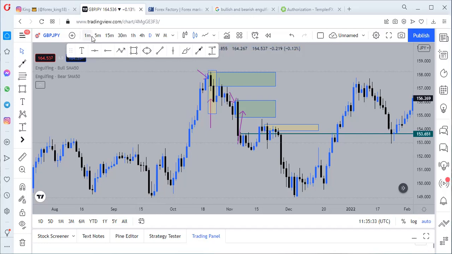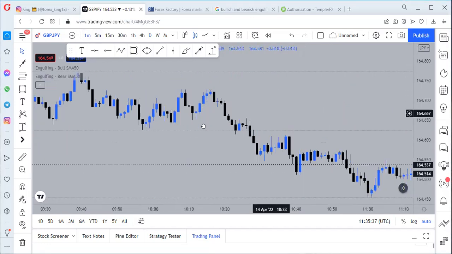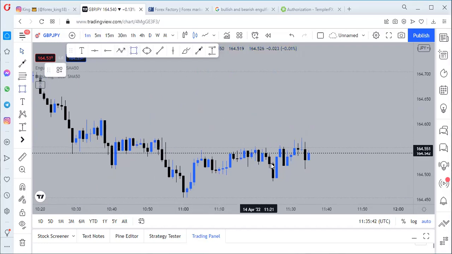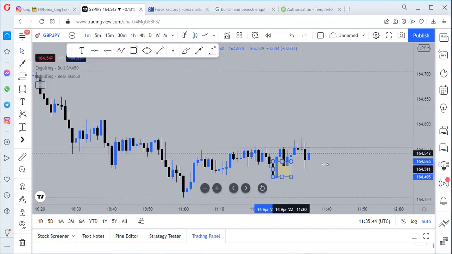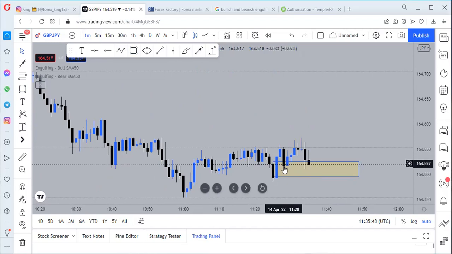Why? Let's go to a smaller time frame. Maybe we're in 1 minute right now. See, on 1 minute here, we can see a lot of fakes. First of all, I've already seen a bullish engulfing here, right? The third one did not come, then the first one is here, and this first one here is confusing. Is it going to retest to go or what?